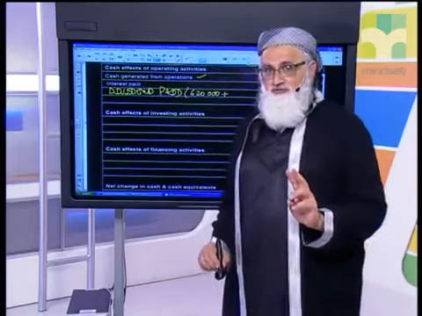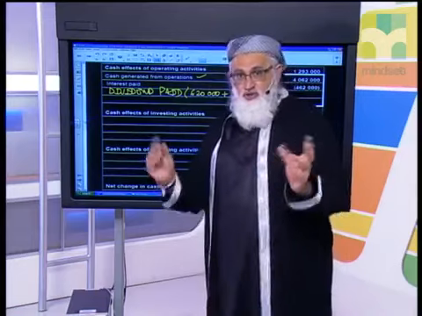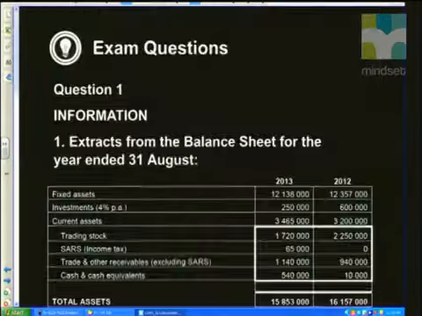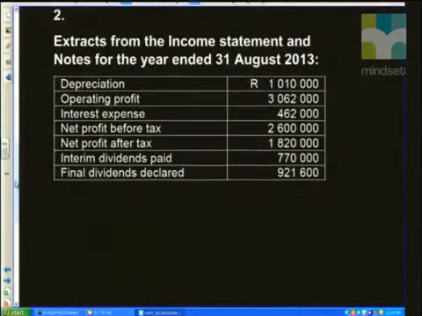What else are we looking for? We're looking for this year's interim dividend. Do we have that information? Let's check. Here's the information, extracts from the income statement and notes for the year ended. What can I see there? I see something important. Voila! That's the figure that I'm looking for. What is that? The interim dividend that has been paid.